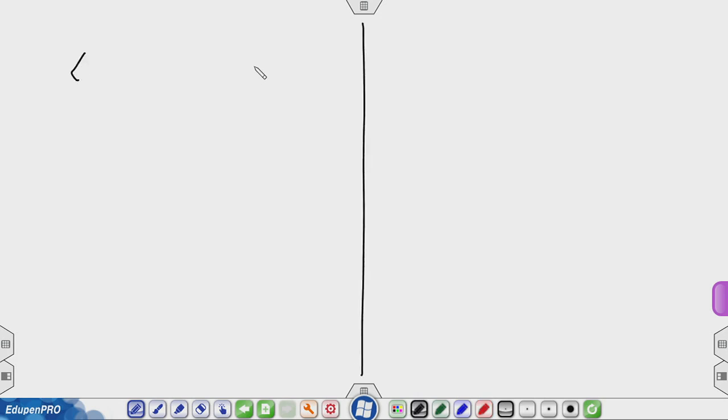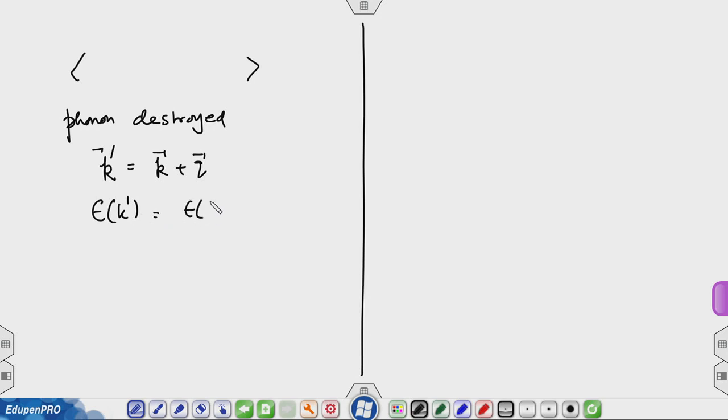When you look at these matrix elements, and I will just look at the phonon destroyed part, what you had was k prime going out is k plus q, and the energy of the outgoing particle is E_k plus epsilon_q, which is E_k plus h bar omega_q. This is like momentum conservation.